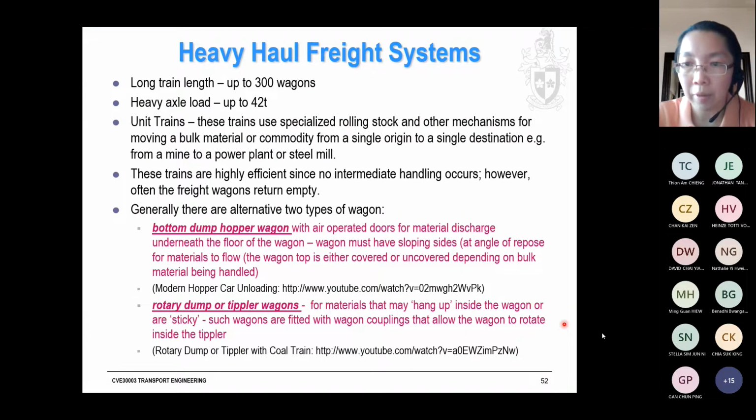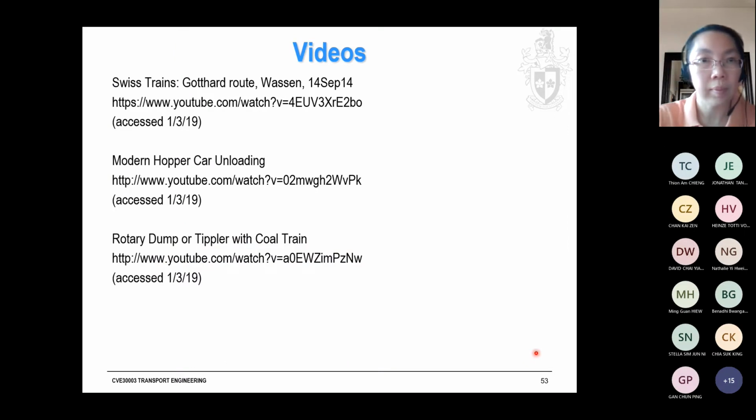Okay, so I hope that gives you a little bit of an idea of what a bottom dump and a rotary dump tippler wagon is. Some further videos that you could watch, you could go to this.